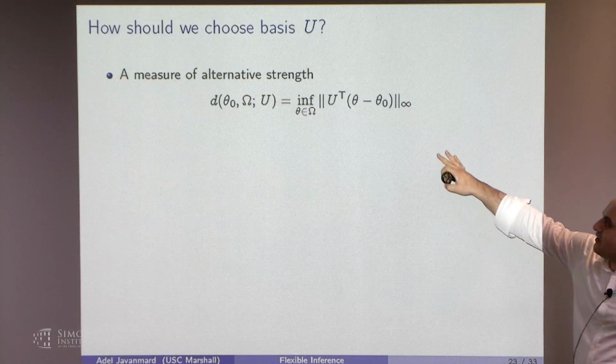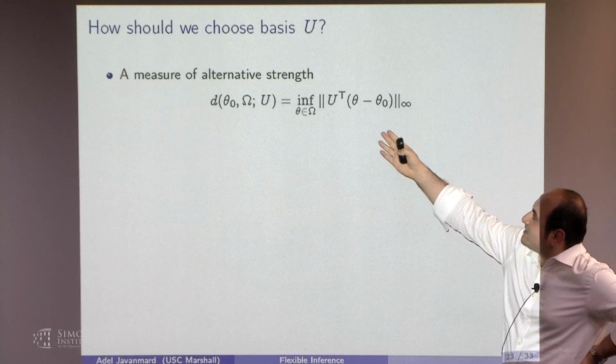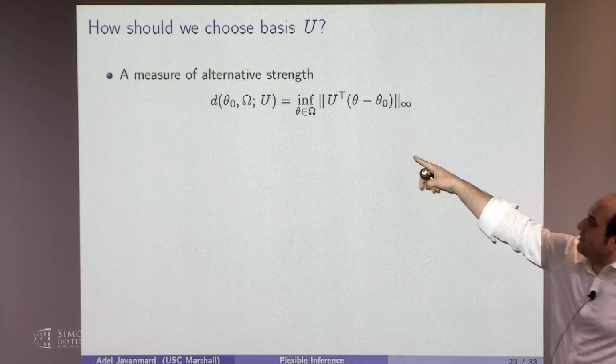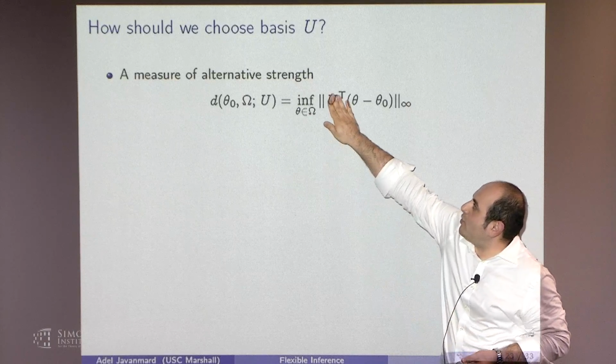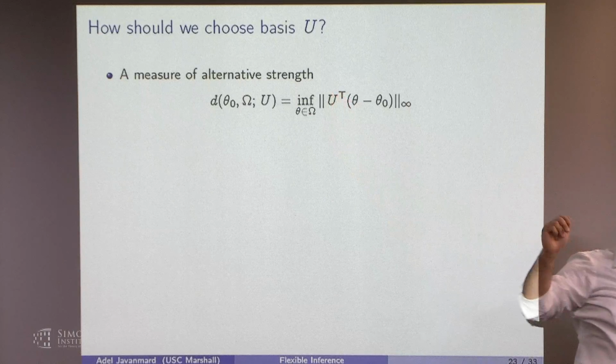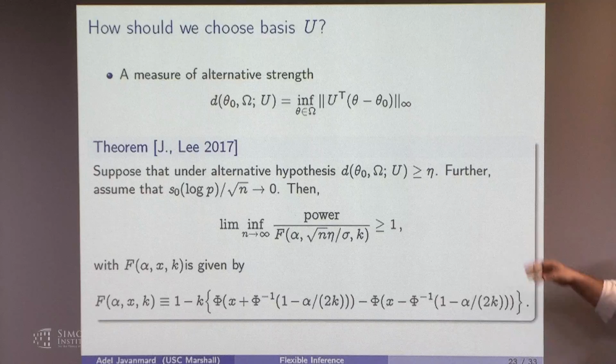So this is the measure of the alternative strength that I define. I quantify the distance of theta from the set omega. You have U transpose here. If there was no U transpose, it would just be the distance of theta 0 to the set omega. So you want to see how far your true signal is from the null hypothesis set. And then you can quantify the power of this test.